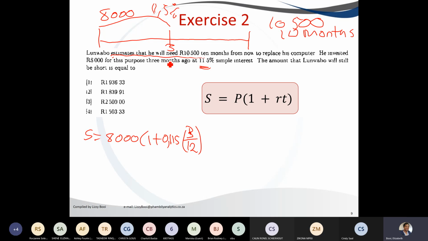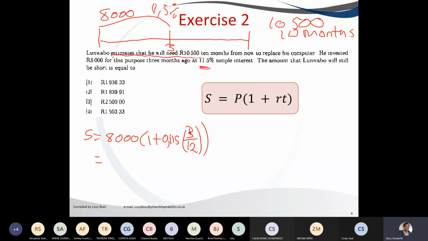So the future value for this amount is, you calculated it, how much? I'm having a different answer now. It's 8,230. 3 divided by 12 is 0.25 times 0.115 is 0.028 some number, plus 1, times 8,000.